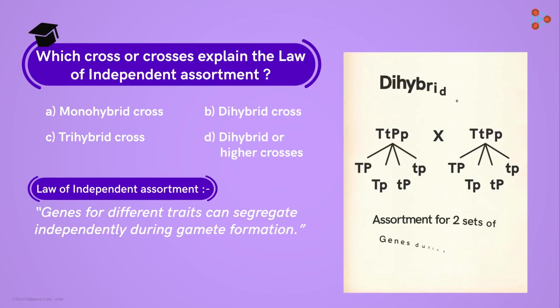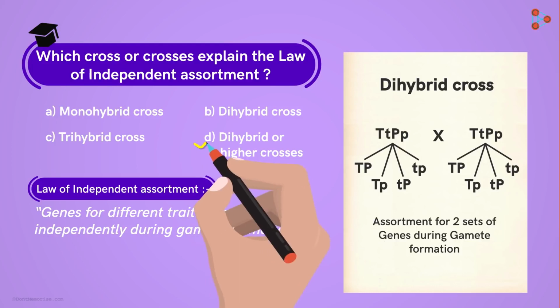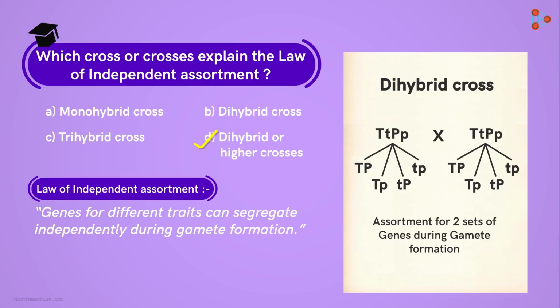However, when there are 2 or more genes involved, as we can see in this case, the dominant and the recessive alleles of the different genes assort independent of each other. That is the reason why we get 4 different combinations at the end. Thus, this law is best understood when we study dihybrid or higher crosses which involve more characters. D is the best answer.